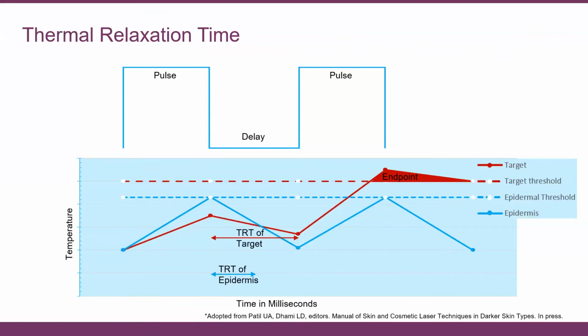So what we're doing here is we've got the epidermis, which is in blue, and then our target, which is in red. So as we fire the energy, the light energy into the tissue, we will get an increase in the temperature of both the epidermis and whatever our target might be.